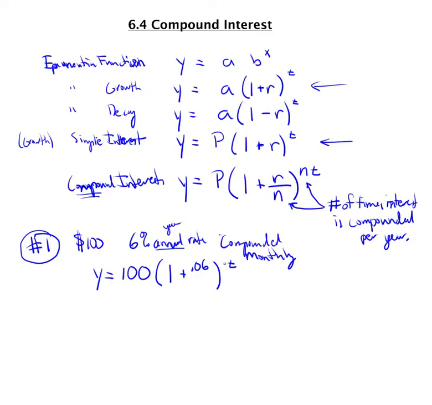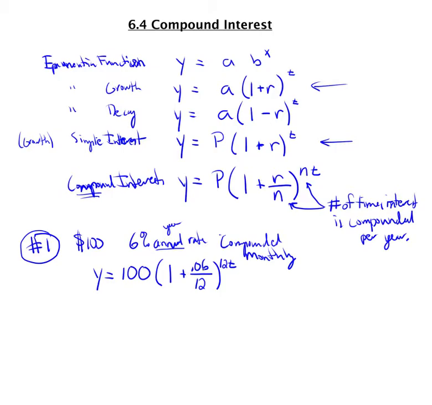So in that year, how many times do we compound it? That's 12 times. So we're going to do it 12 times every year. So that's what that 12T means. But at the same time, we have to divide our interest rate by those 12 times. So we have to take that interest rate and divide it into that piece of that.